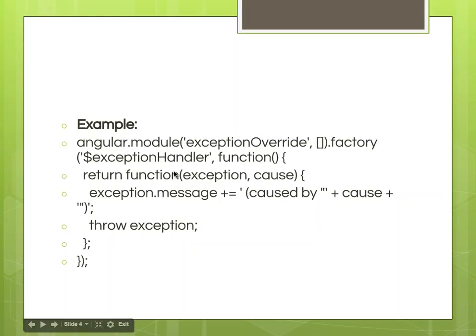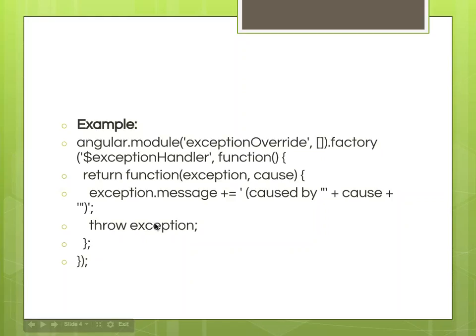It's just that you are creating your own factory by this name, so obviously it will redefine, it will override the existing exception handler service. In this, you can expect exception and cause, and you can just throw your exception. When you throw your exception, it will keep on in the continuous loop.